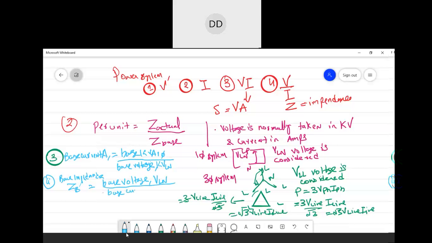Now I can substitute the value from equation 3 into equation 4 and get an equation for Z base. I can write the base voltage VLN divided by this, so base KVA single phase into base voltage KVLN.